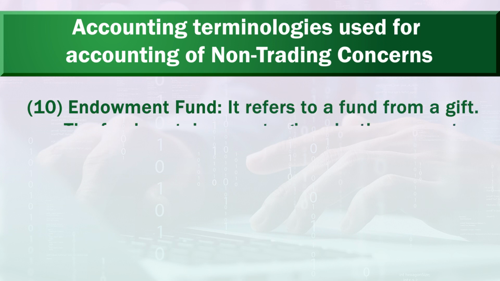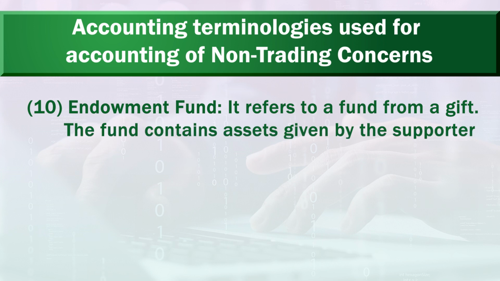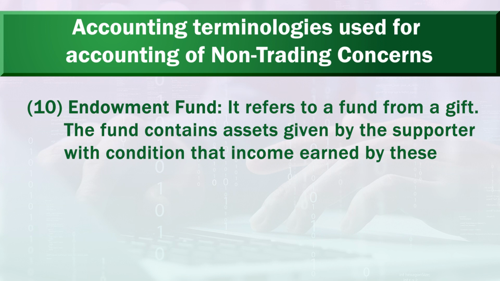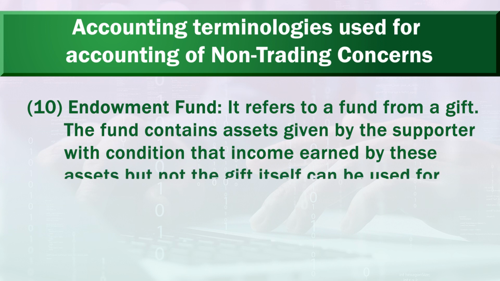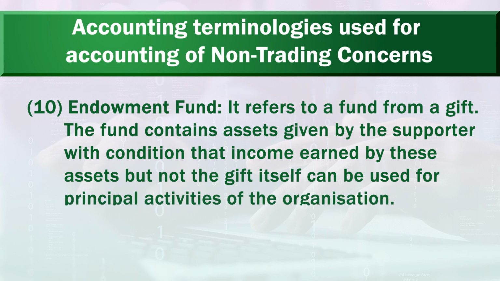The fund contains assets given by the supporters with a condition that the income earned by these assets, but not the gift itself, can be used for principal activities of the organization. Hence, the gift is a restricted fund from the point of view of non-trading concerns. The fund is treated as capital received and recorded on the liability side.